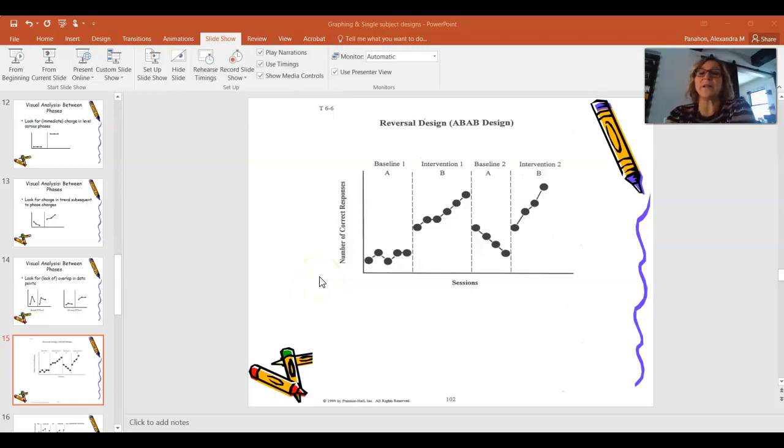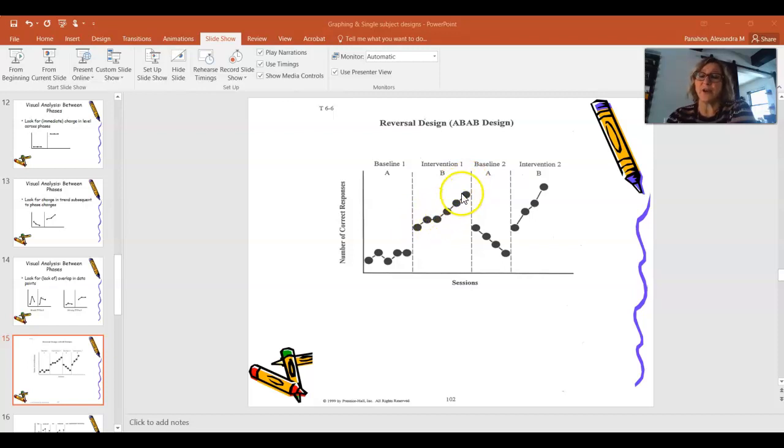After 4 data points, intervention was implemented, and we saw with the implementation of the intervention an immediate change in level, as well as an increasing trend in correct responding, indicating that the student was benefiting from the intervention.